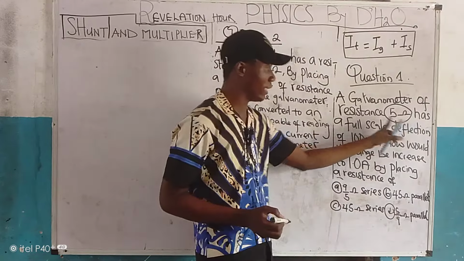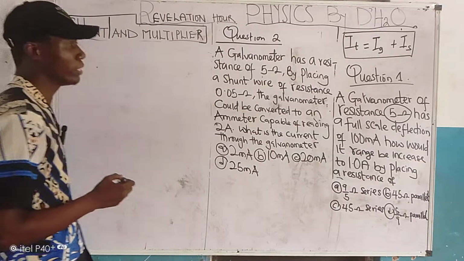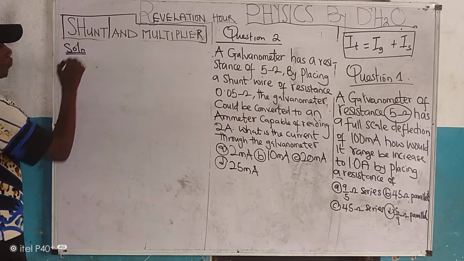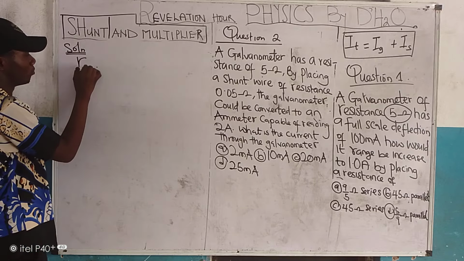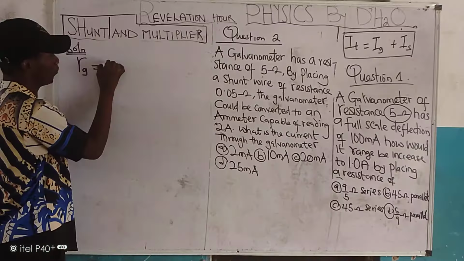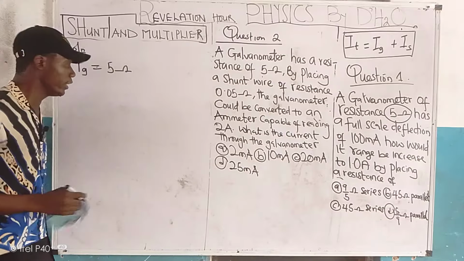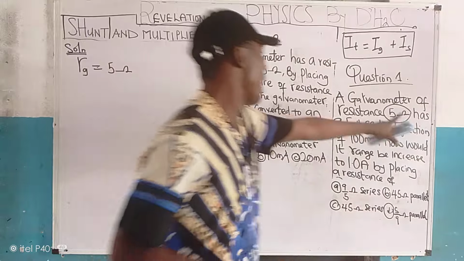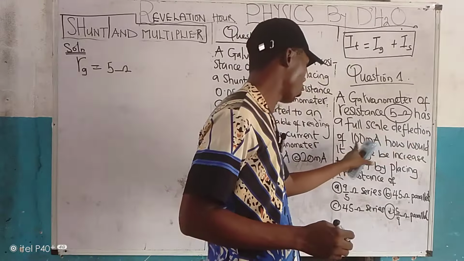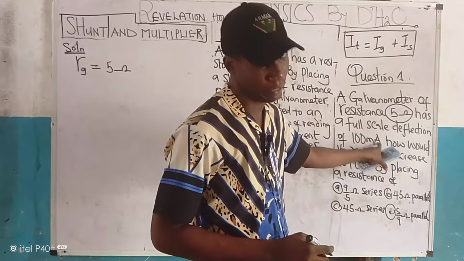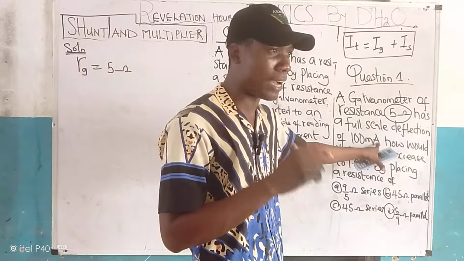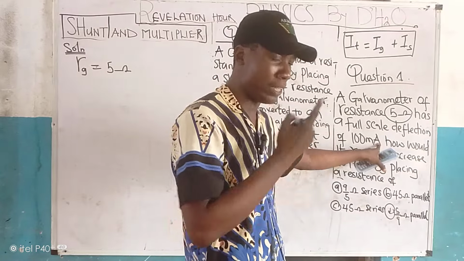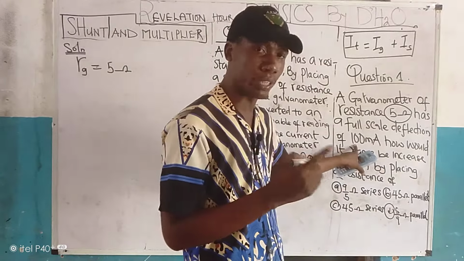The 5 ohms here means the resistance of the galvanometer. So the resistance of the galvanometer is equal to 5 ohms. It has a full scale deflection of 100 milliampere. Like I told you, a galvanometer is also called a milliammeter, so the current is measured in milliampere. This is the current through the galvanometer.